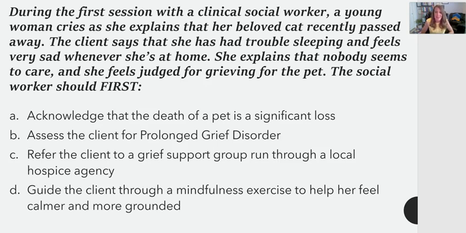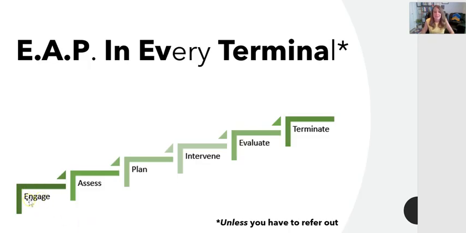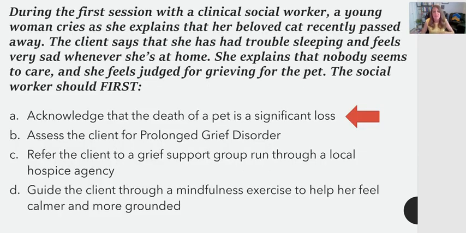And then I will reveal that the correct answer is A, to acknowledge that the death of the pet is a significant loss. This is engagement. This is meeting the client where they are, engaging, validating, focusing on feelings. The client said that she feels judged, and so expressing that you don't have judgment, that you acknowledge that this is a significant loss, would be a good place to start.